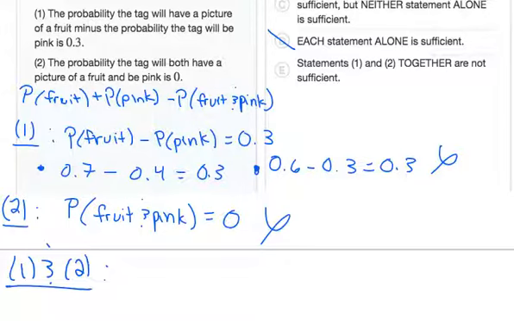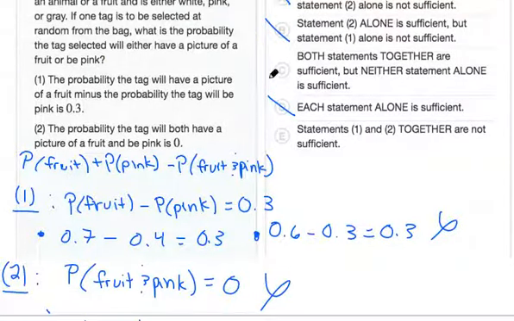Since the probability of fruit and the probability of picking pink can be many different values, we still cannot determine the probability asked for. The statements together are not sufficient. We can eliminate answer choice C, and the correct answer is answer choice E. Statements 1 and 2 together are not sufficient.